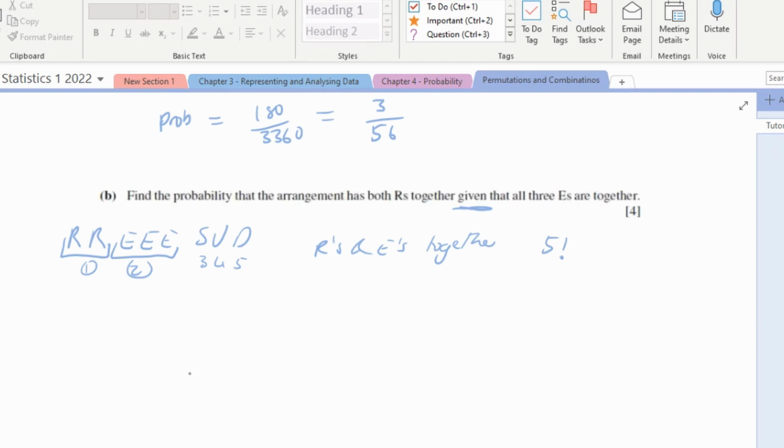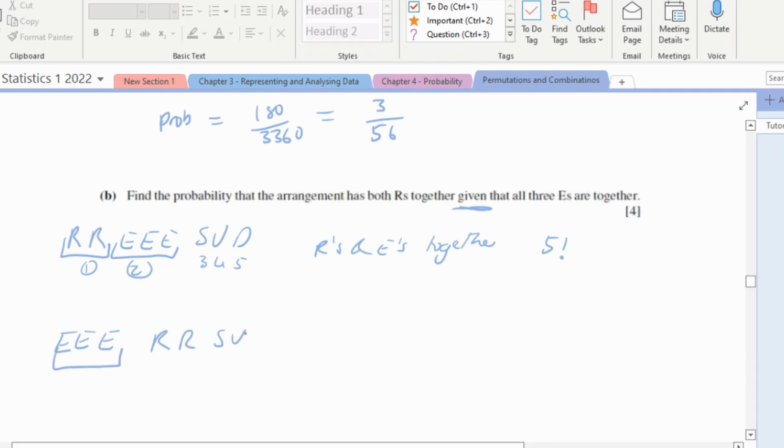You happy with that? Yeah. And now, if it's given that all the E's are together, so we want to do the E's and the R's together, and then on the bottom we just want the probability of the E's being together. Okay, so this would be 1, 2, 3, 4, 5, 6, and then we've got the double ups of the R's.